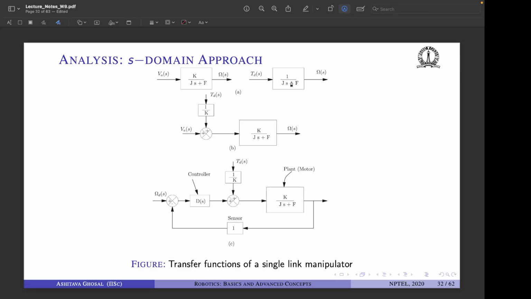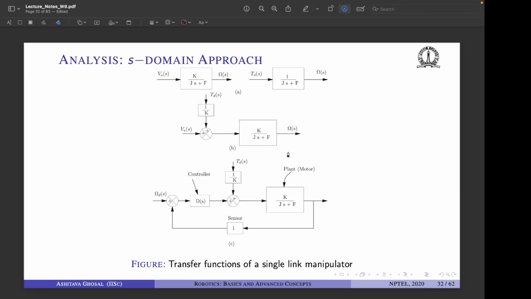Similarly, Td(s) when multiplied by 1 plus Js by f gives us omega(s). Now if both are acting, then both will be added. So Td by k and then Va, and both are multiplied with k by f plus Js. When Td is multiplied, k and k will cancel, and Va is multiplied with this anyway.